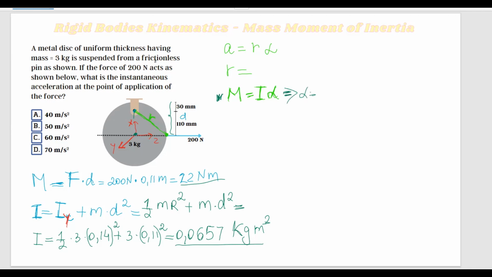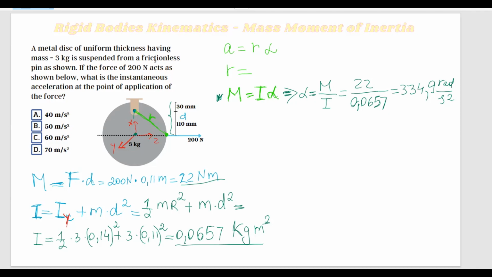The angular acceleration is equal to the resultant moment over the mass moment of inertia, so 22 divided by 0.0657 equals 334.9. These units are radians per second squared. Now we have the angular acceleration.